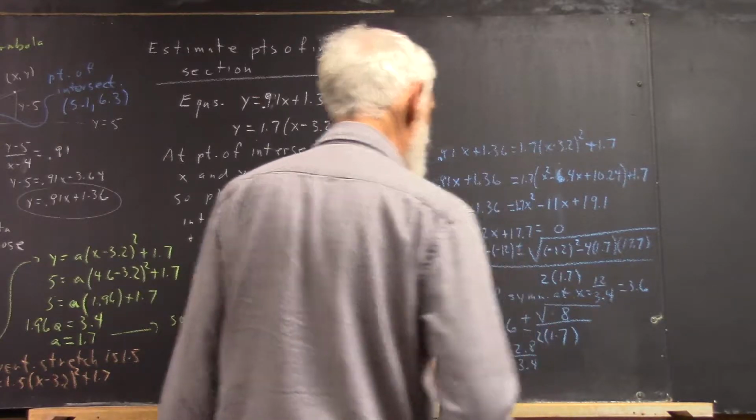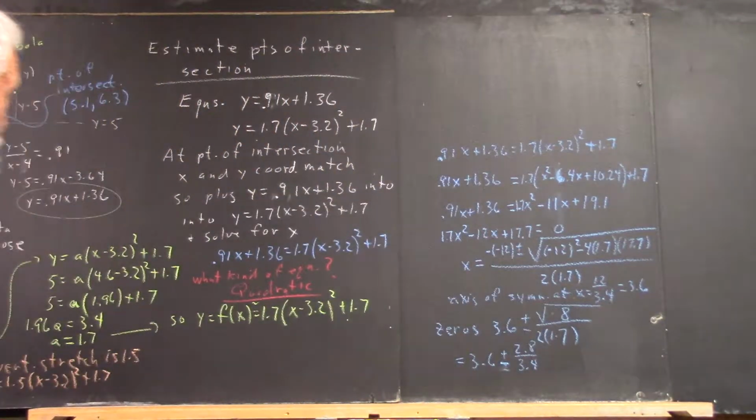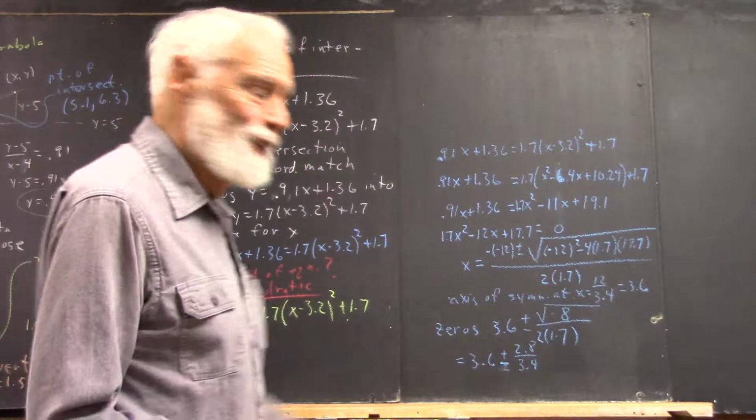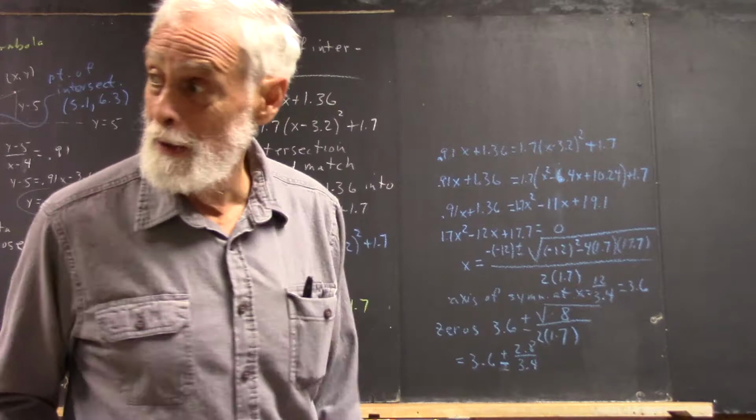Well, that's really kind of bad, because that's nowhere near these points. So it could be that I messed something up, and actually I did, because 29 times 4 is not 136. It's 116.